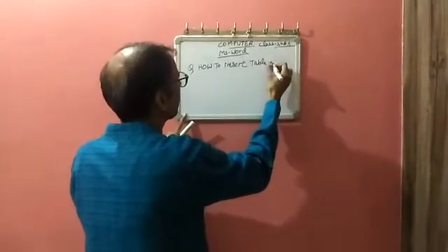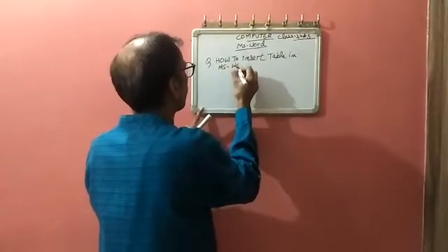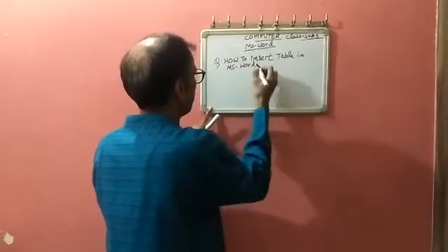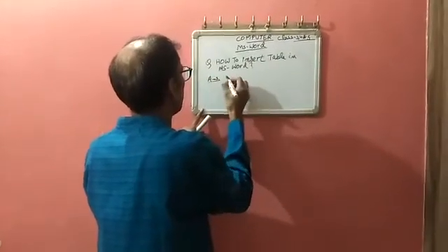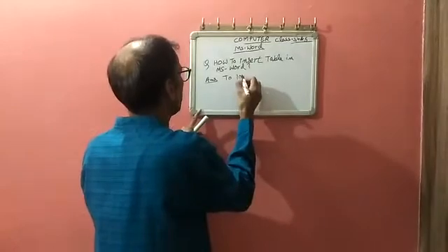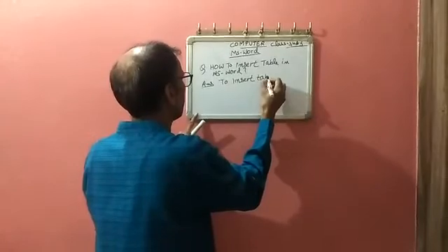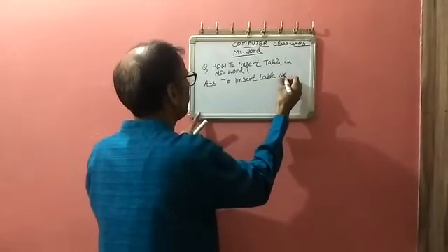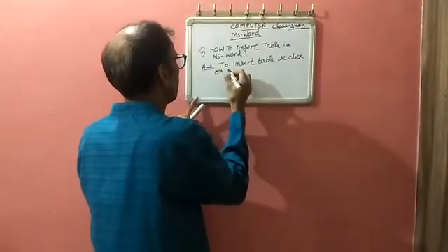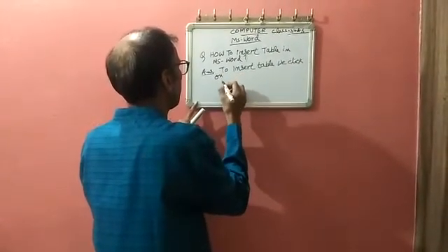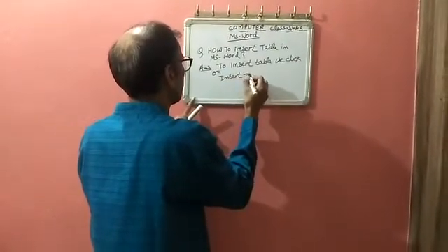How to insert a table in MS Word. Answer is: to insert a table, we click on insert, then table.